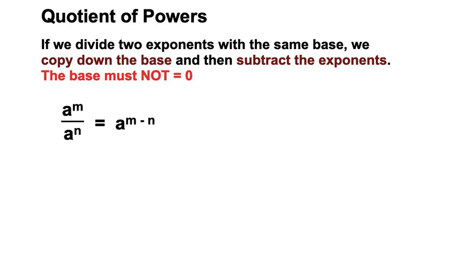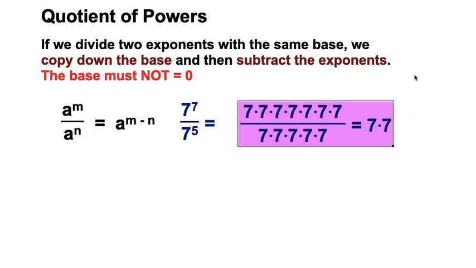Keep that in mind. We're going to demonstrate the zero and the negative exponent using this again on another video. How about this? Well, if I follow the rule, that's 7 to the 7 minus 5 power. That's 7 squared, 49. But let me show you that in expanded form so you can prove it to yourself.